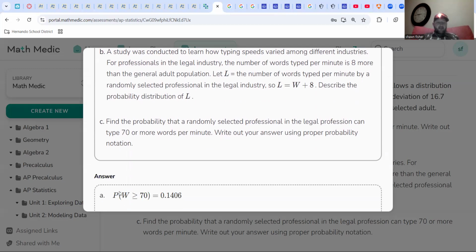Yes. Probability of W. Well, what's W represent? Instead of me writing it all the way out, they asked me, what's W? Well, W represents something, a cumulative random variable, I guess you could say. Greater than or equal to 70, 14% chance that happens.